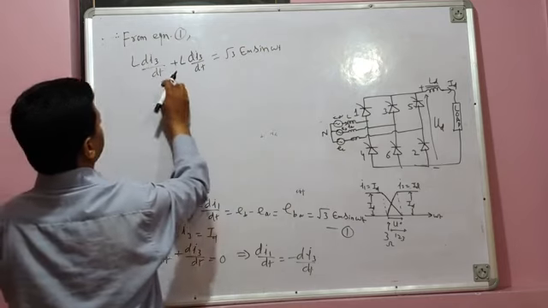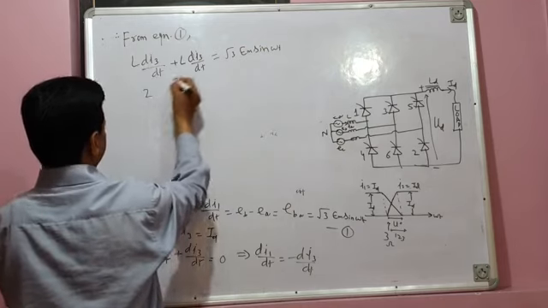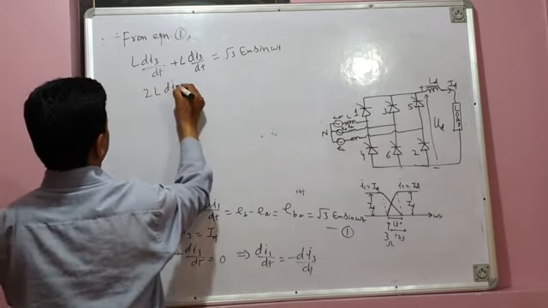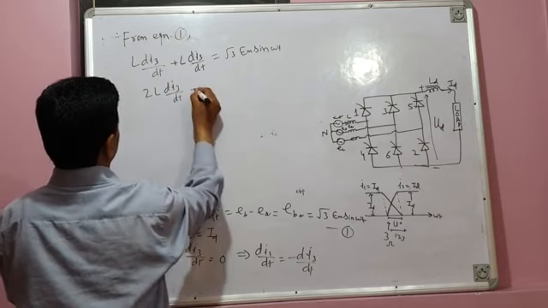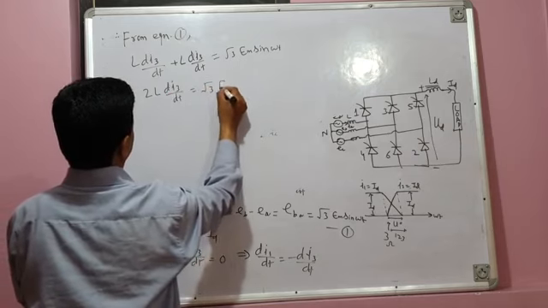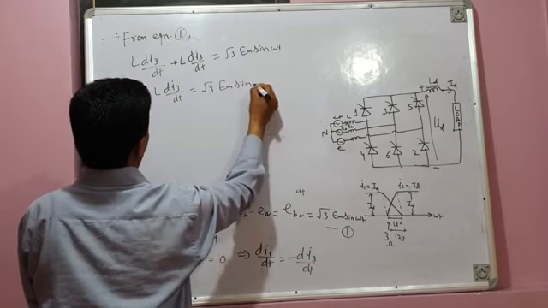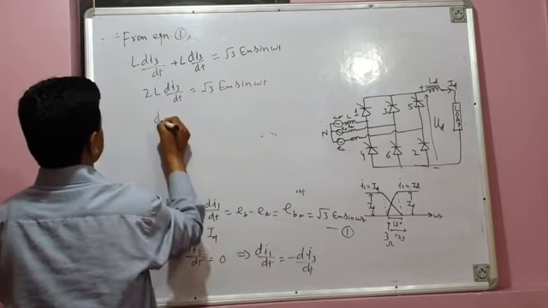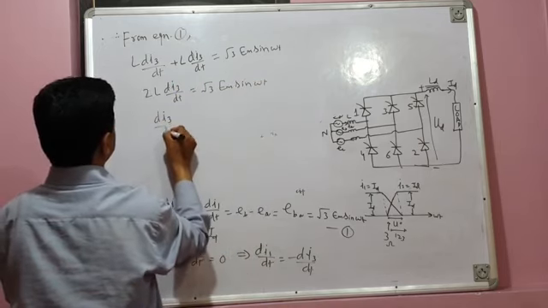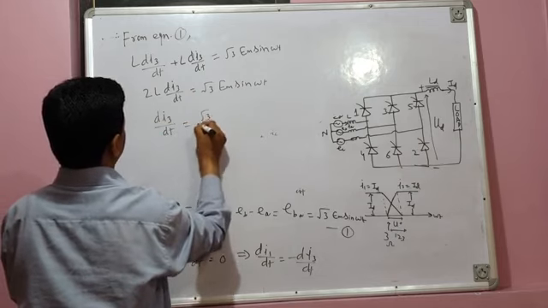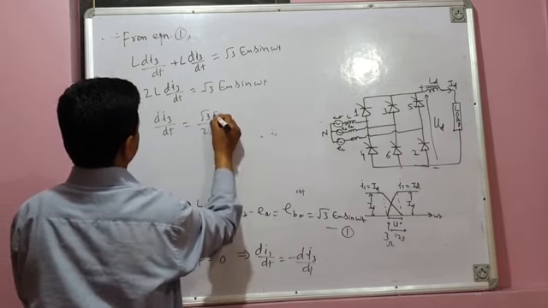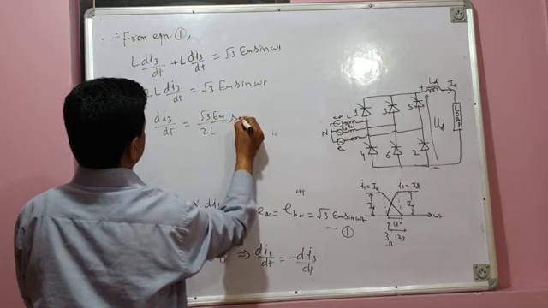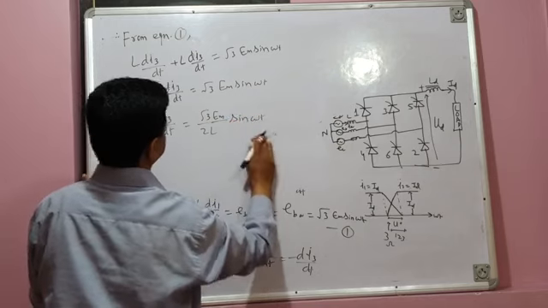So L di3 by dt plus L di3 by dt is 2L di3 by dt, equal to root 3 EM sine omega t. So from this I get di3 by dt equal to root 3 EM by 2L sine omega t.